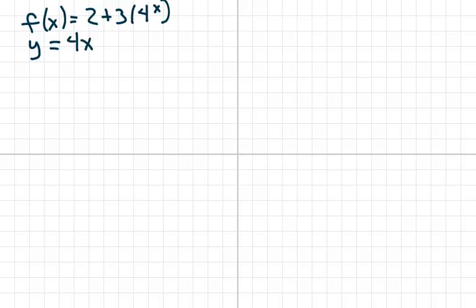We're going to stretch it vertically by a factor of 3. This is your vertical stretch. And we're going to shift it up by 2. So we shift this whole thing up by 2. So we're going to go 0 to 5 here: 1, 2, 3, 4, 5.